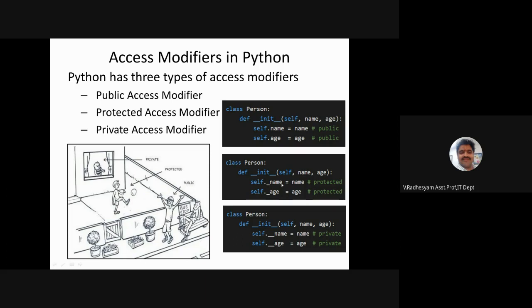So these name and age are protected variables. If there is no symbol, these two variables are public variables. If there are two underscores before name and two underscores before age, these are private variables. Private variables are restricted to the class, protected variables are restricted to the class and its subclass. Public variables can be used anywhere.